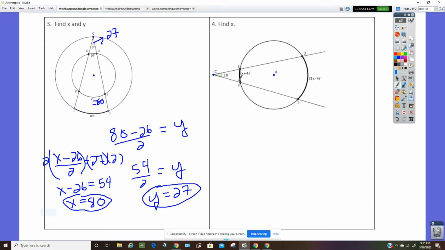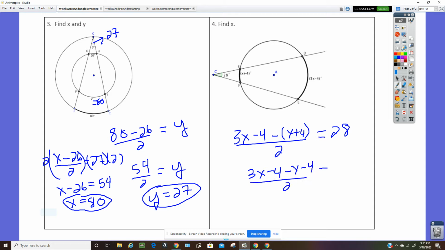All right, and then the last one here, you have 3x minus 4 minus x plus 4 divided by 2 is 28. So 3x minus 4 minus x minus 4 divided by 2 is 28. So combining like terms, 2x minus 8, and let's go ahead and multiply by 2 also here.